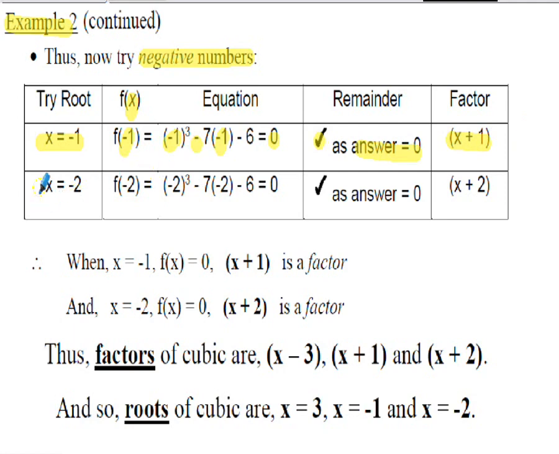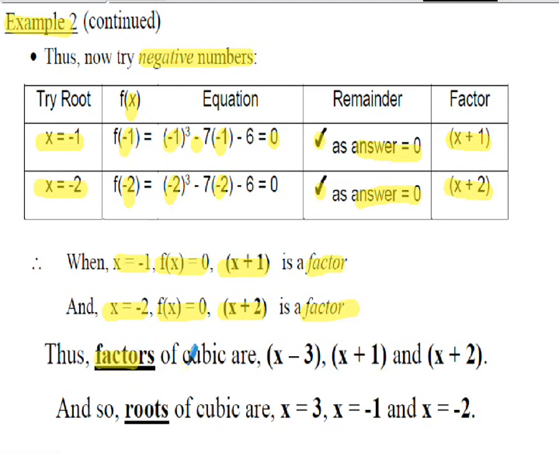So for a root of x equals negative 1, we have a factor of x plus 1. To try and find our third root, I'm going to use x equals negative 2, so again put in negative 2 into the function of x equation as before, and be careful of our negative numbers. We again find the answer is 0, so we have a root again, so we have a factor of x plus 2. Thus when x is equal to negative 1, the function of x is 0, so x plus 1 is a factor, and when x is equal to negative 2, the function of x is equal to 0, so x plus 2 is a factor.